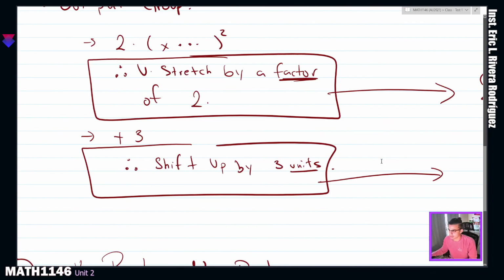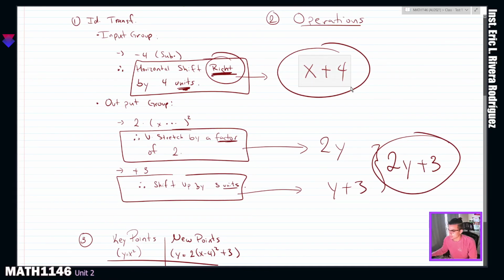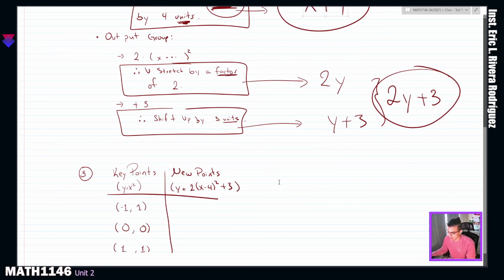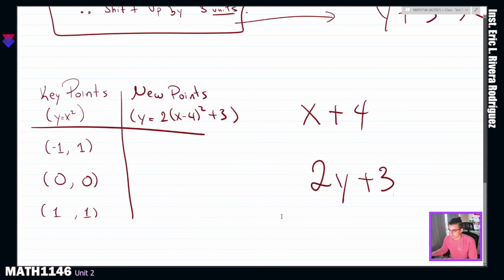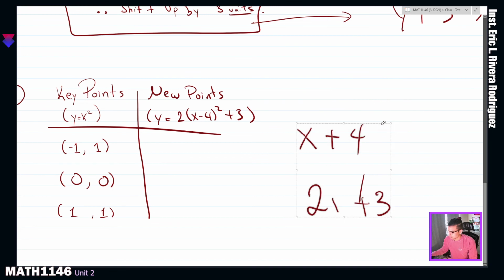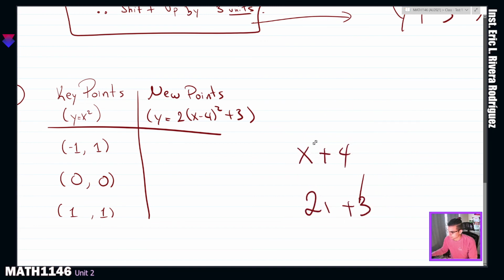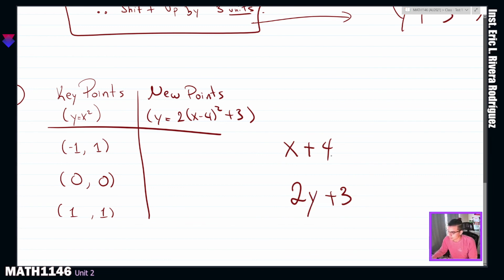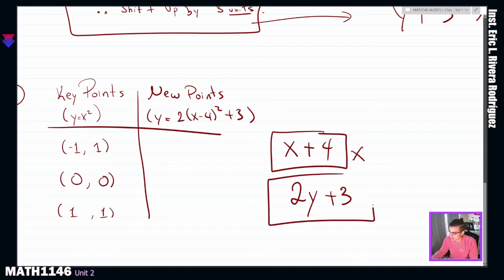I'm going to copy and paste the equation for each coordinate just to have them as reference. So we are going to use this equation for the new x coordinate and the new y coordinate.